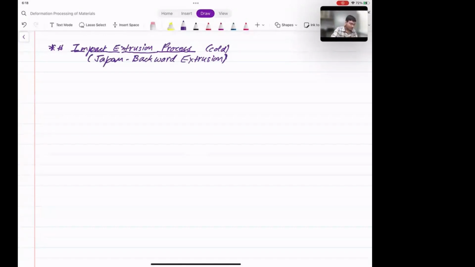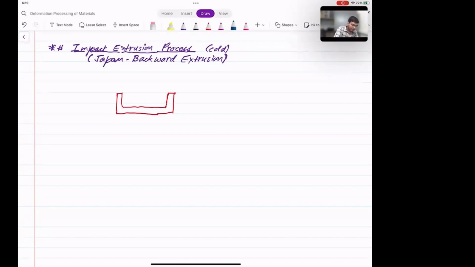Okay, so let us see schematically how it appears. Suppose this is the die, and in this die the billet will be resting or will be put.